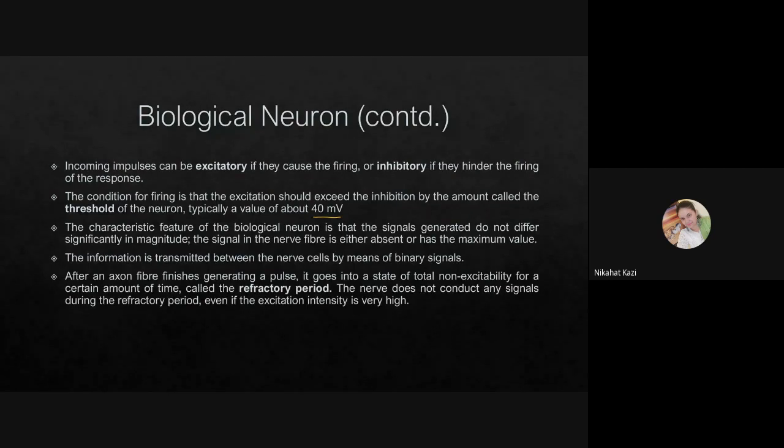After an axon finishes generating a pulse, it goes into a state of total non-excitability for some time, and that is known as the refractory period. So it rests for some time.